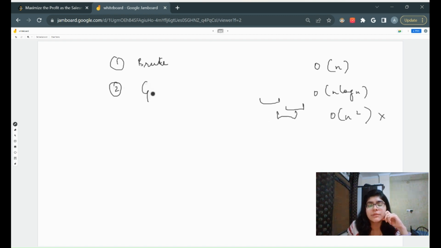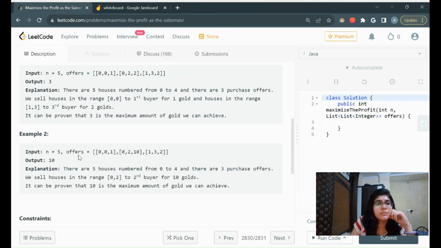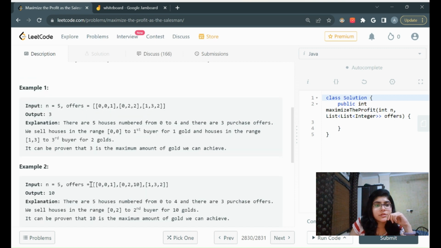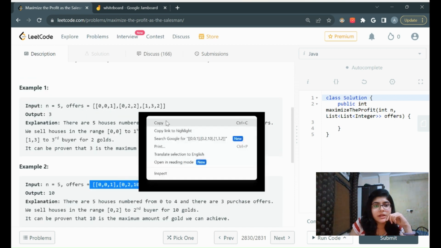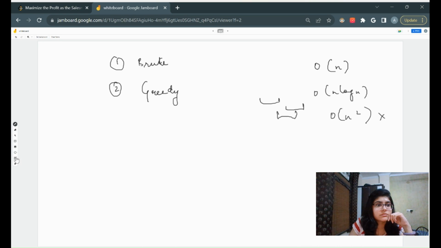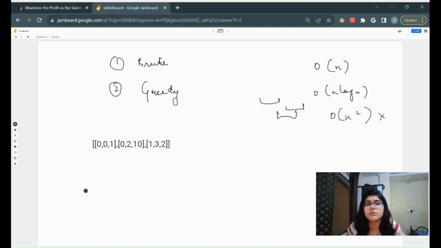Maybe we can try greedily selecting the houses. Let's take this example. Here maybe we can try greedily selecting the buyers according to the profit. If I sort these houses according to the profit, then this is what the input will look like.